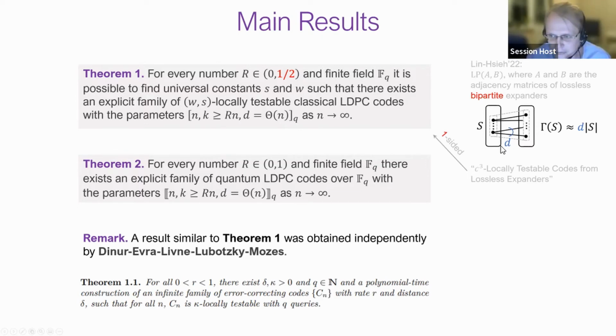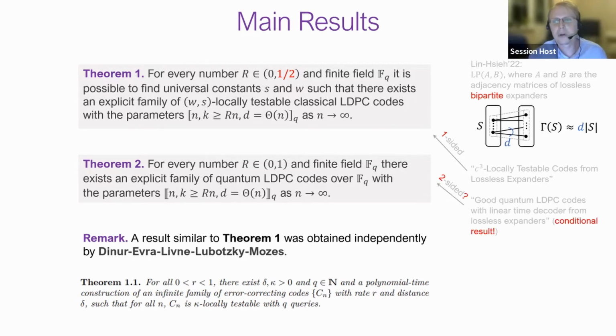It was shown that it is possible to use this construction if you are able to construct a one-sided lossless expander, and it was also shown that they do exist. Then it is possible to prove theorem 1, which is really cool. And the proof is, I should say, much easier than the one we have for our construction.